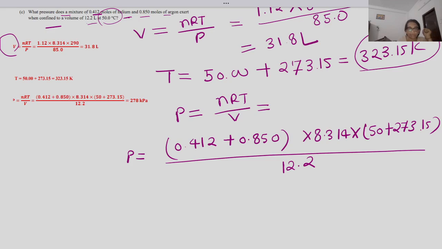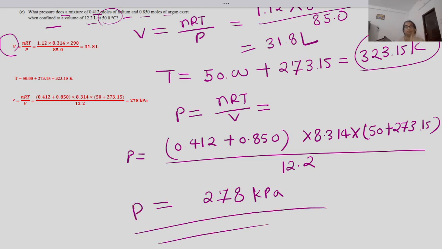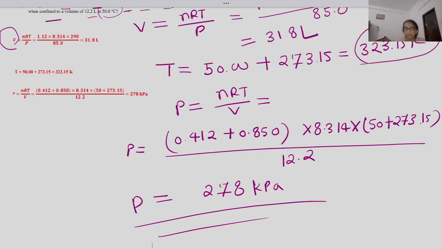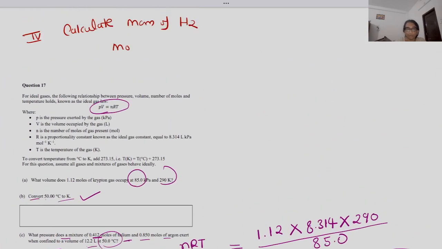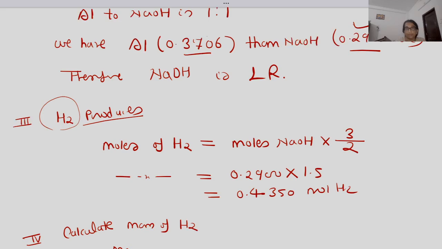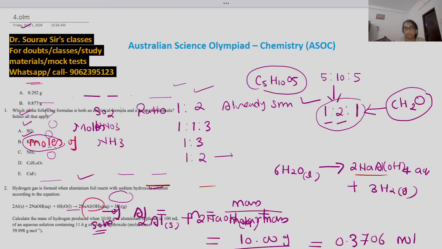Calculating all the values, we will get about 278 kilopascal. That is the pressure of this mixture. So now you can calculate all the values with the help of the given formula PV = nRT.